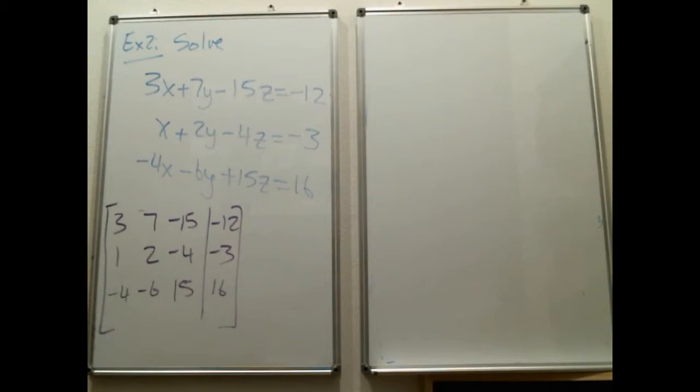That's crucial to remember, and I would encourage you to write down these steps as I say them on a separate sheet of paper. So step 1, make the top left a 1, and step 2 will be make everything below that 1 a 0. I'll say that many more times.